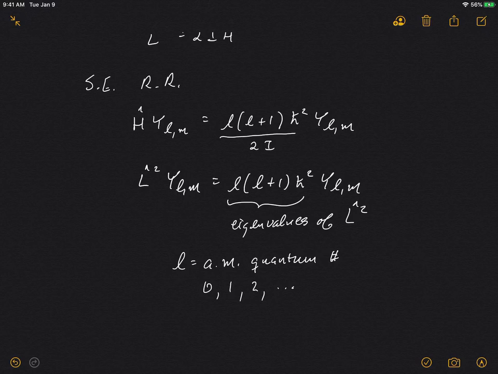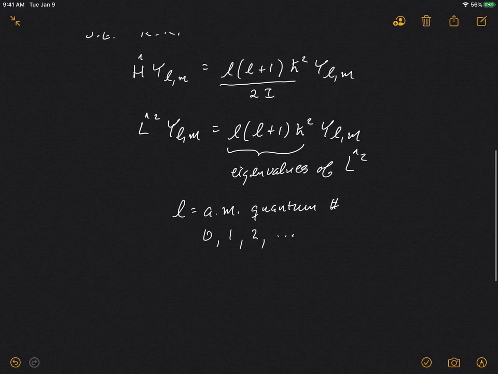Yeah, so we have an expression for the eigenvalues of the L squared operator. And again, we haven't proven it here, we certainly haven't proven it rigorously using differential operators.